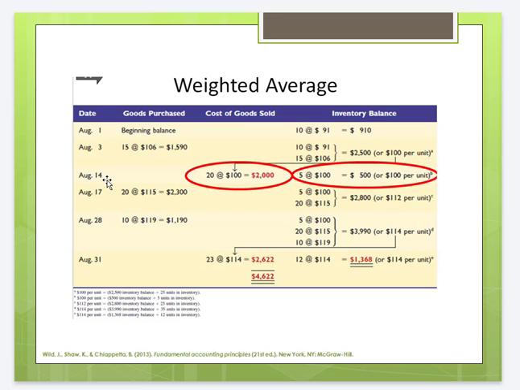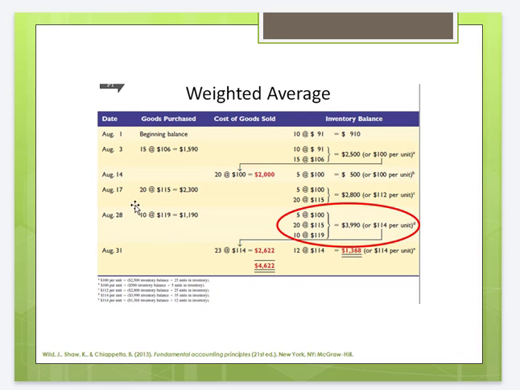So when we make a sale on August 14th, that's the cost that we're going to assign to cost of goods sold. It's not going to be the $91 or the $106. It's going to be that average cost per unit of $100. On the 17th and the 28th, we make additional purchases. Therefore, when we make our sale on August the 28th, we have to compute the average cost per unit.